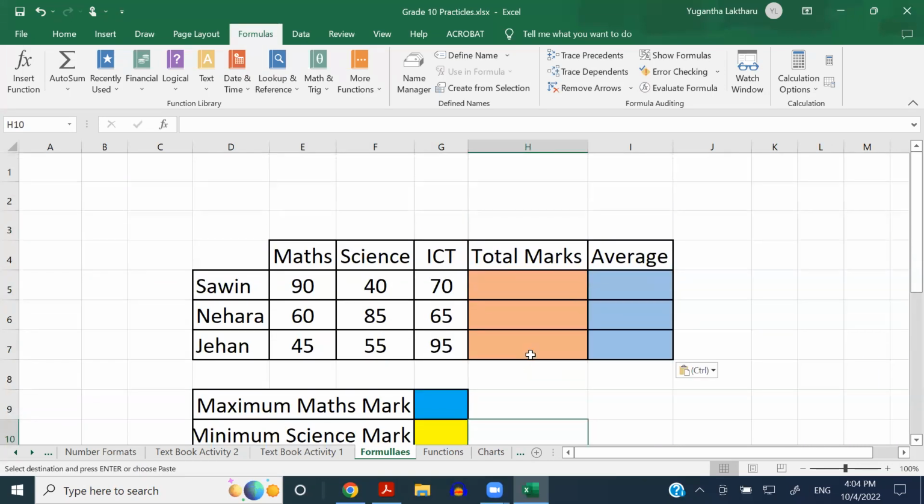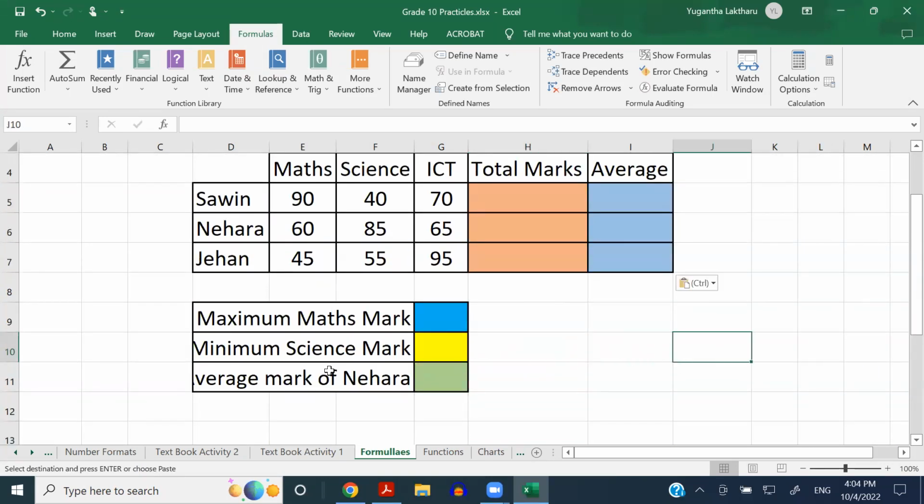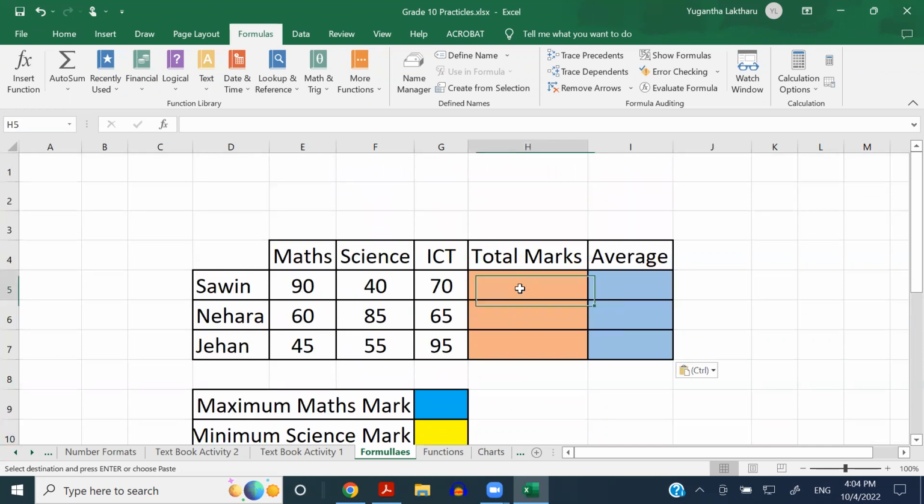All right, now here's a small table and I need to take the total marks of Savin. So what should be the formula that I can write? Yes, people, you can type the formula or you can tell the formula. Yes, what should be?